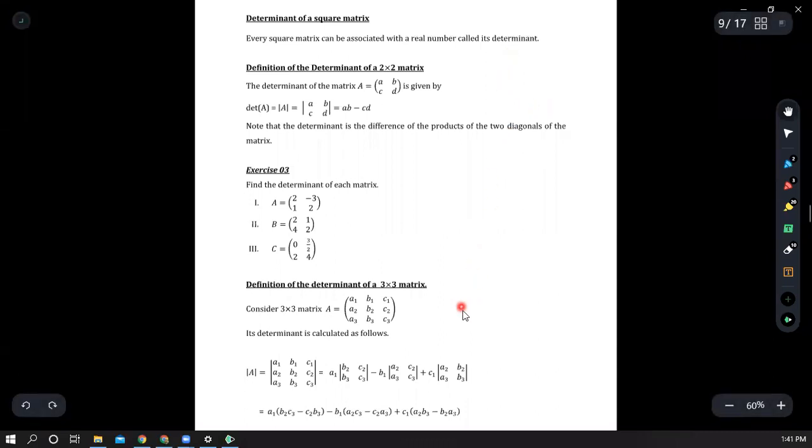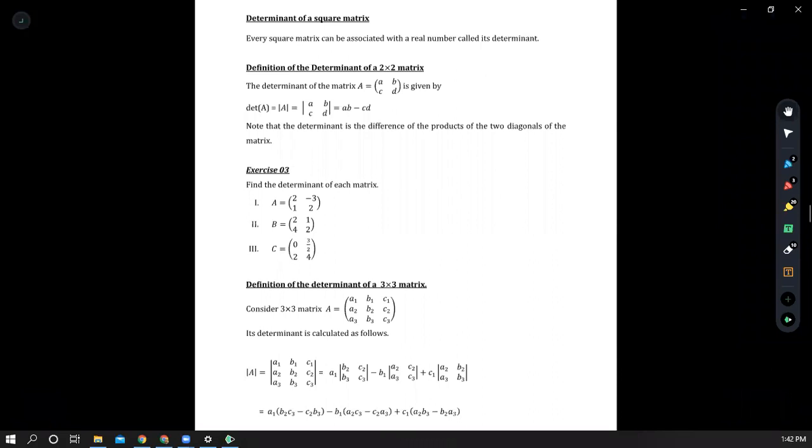But we are not going to discuss obtaining the determinant of square matrices of higher orders than 3 by 3. Therefore, up to 3 by 3 matrices, we are discussing obtaining the determinant of matrices. As the first case, we'll see how we can obtain the determinant of a 2 by 2 matrix.